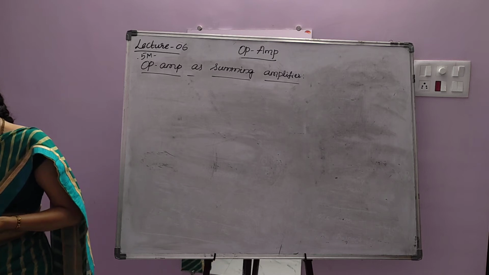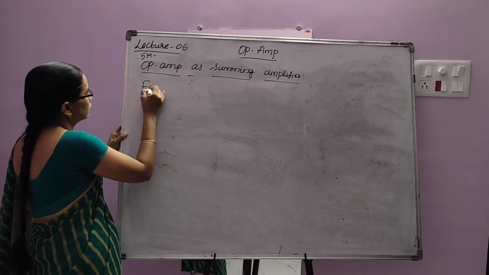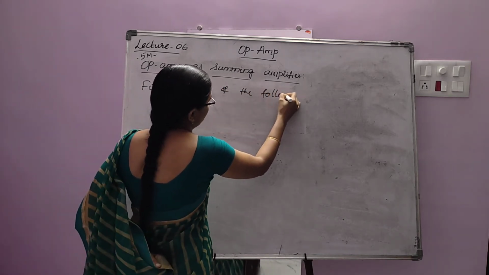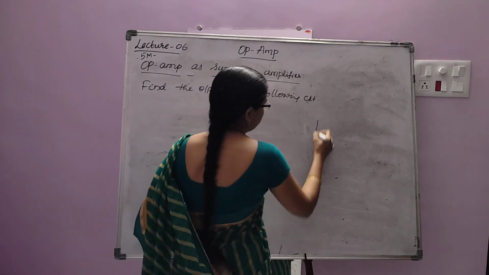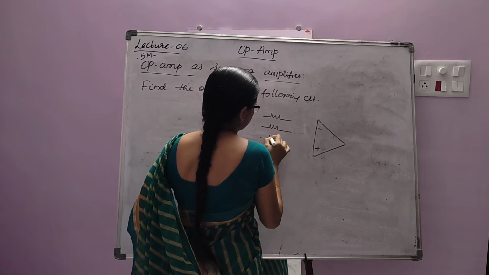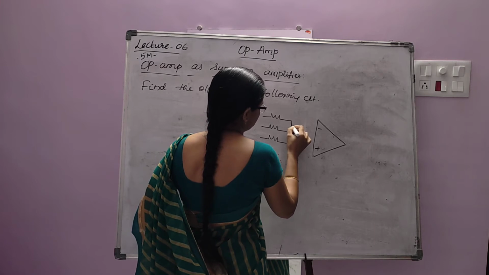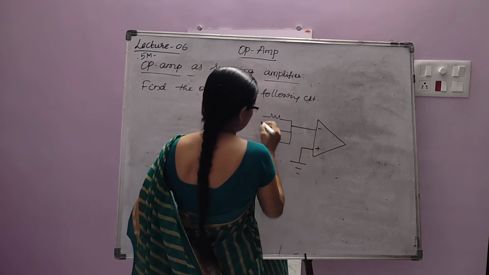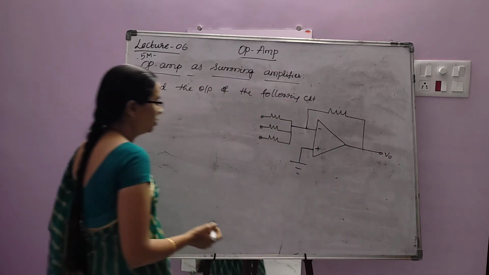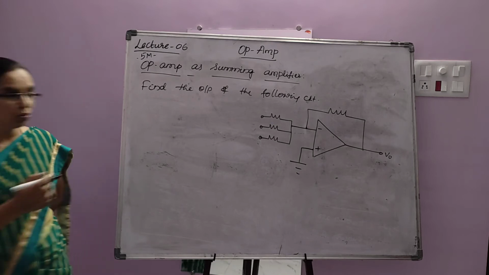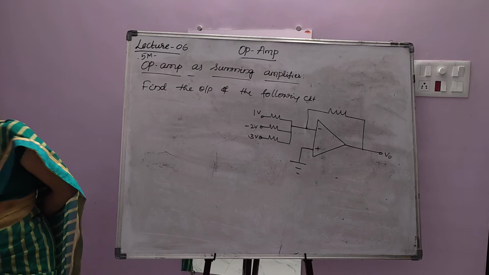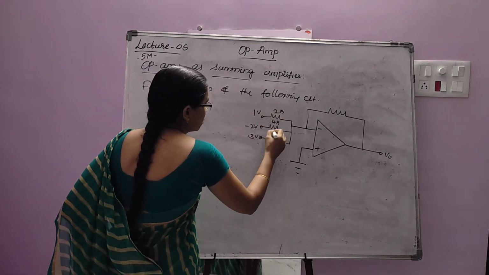Take the problem, find the output of the following circuit. The circuit will be here. 1 volt, minus 2 volt and 3 volt are the input voltages applied through the resistances 2 kilo ohm, 4 kilo ohm and 6 kilo ohm.